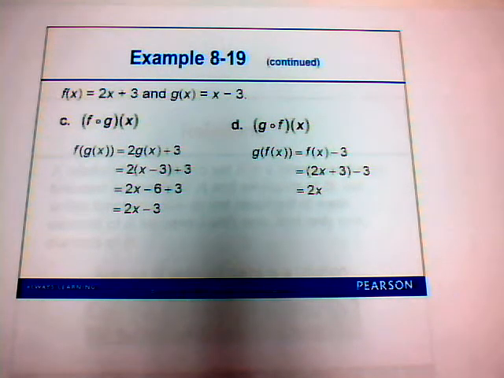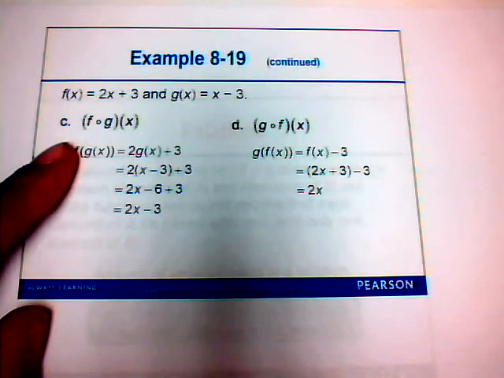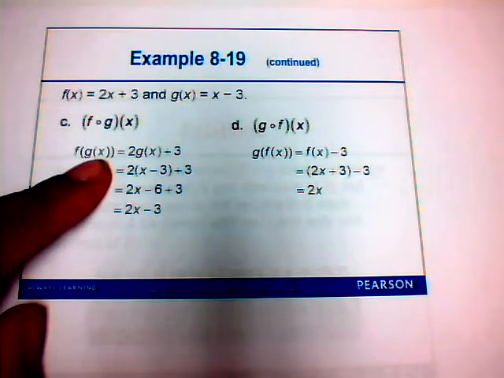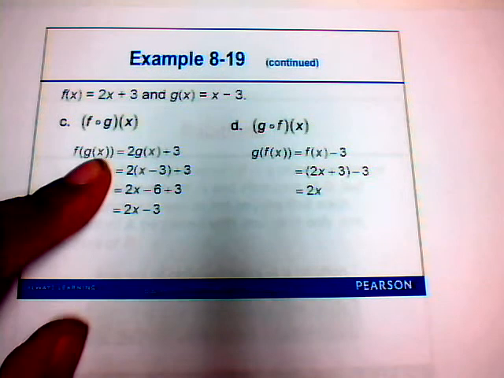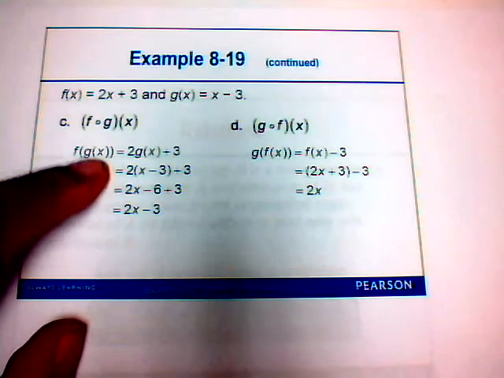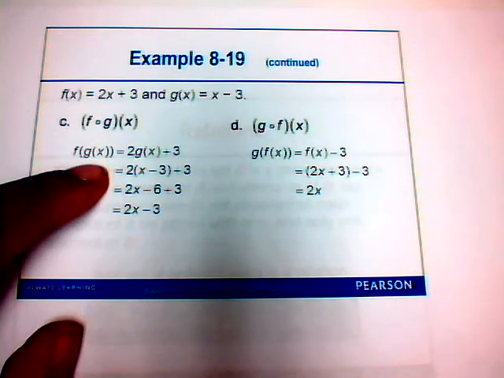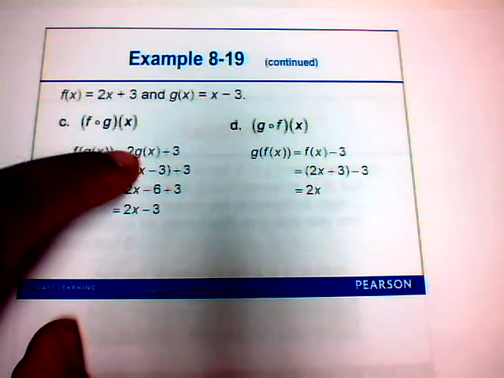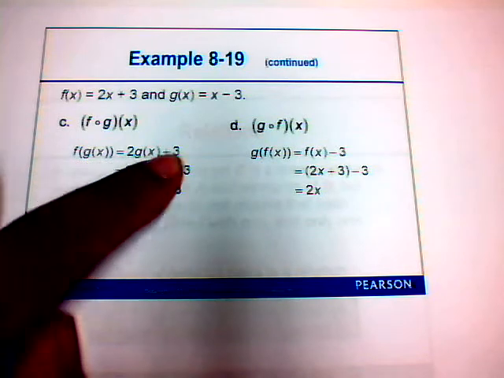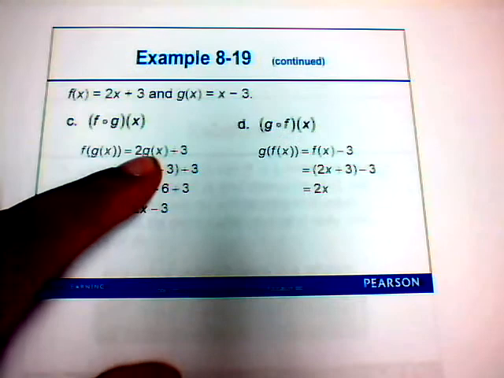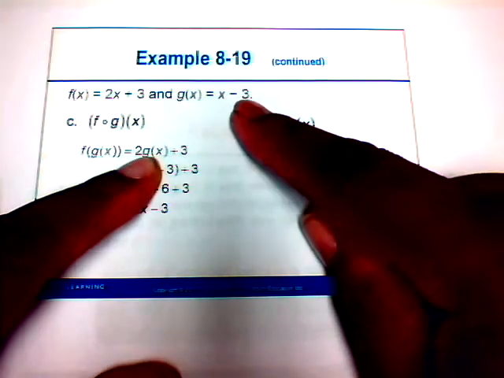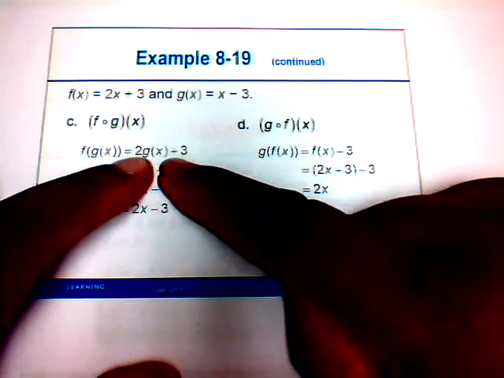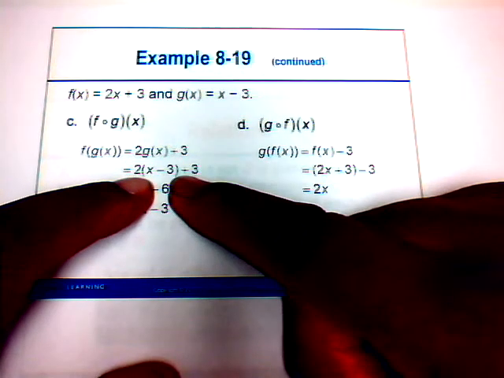Now, let's say they want to find the composition of f with g of x. Okay, so now, f of g of x means the composition of f with g of x. So in this case, you take your g of x and replace it for x in the f of x equation, which would be 2 times g of x plus 3. But what's g of x equal to? X minus 3. So you're going to replace that g of x with x minus 3.